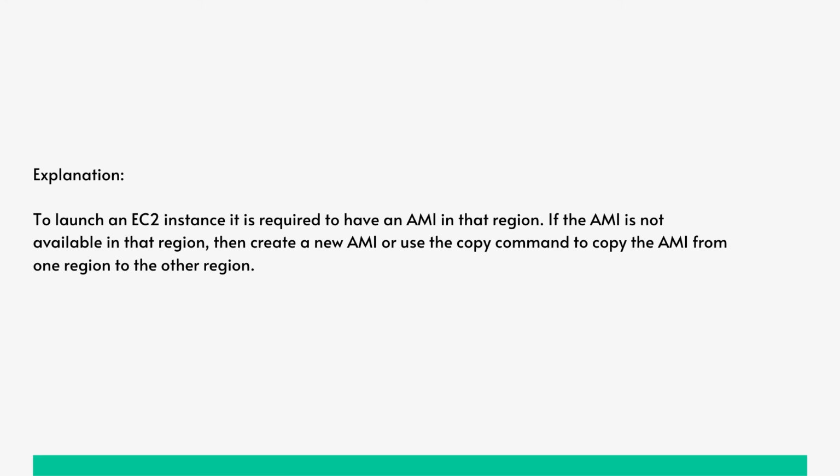Explanation: to launch an EC2 instance, it is required to have an AMI in that region. If the AMI is not available in that region, then create a new AMI or use the copy command to copy the AMI from one region to the other region.